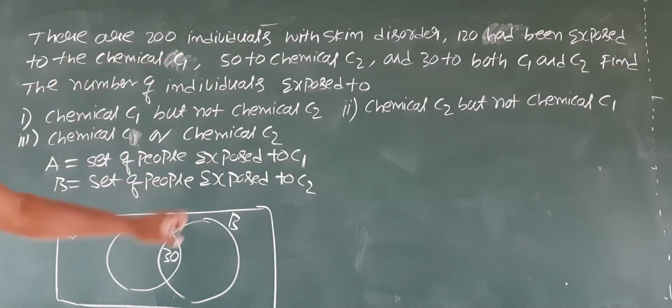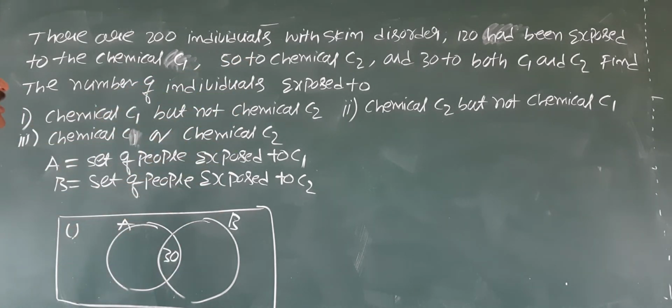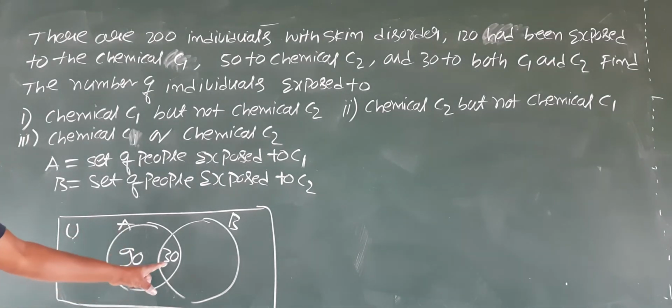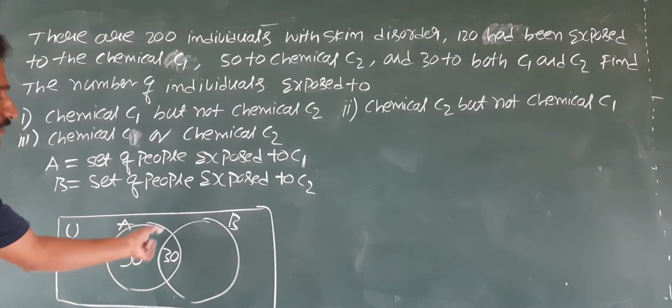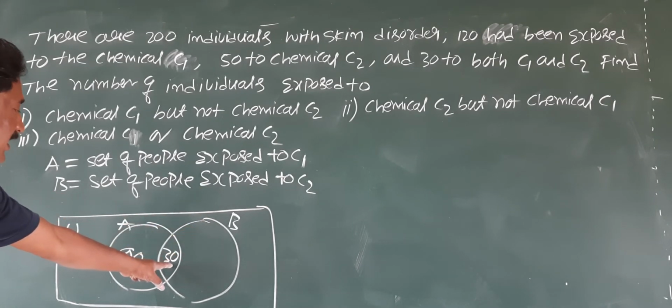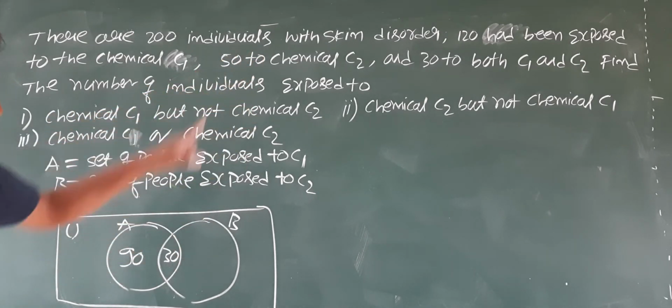In that 120, 30 has already been written. The remaining is 120 minus 30, 90, only A. These 30 people are exposed to both C1 as well as C2. 30 plus 90, total 120. The total number of elements of set A is 120.